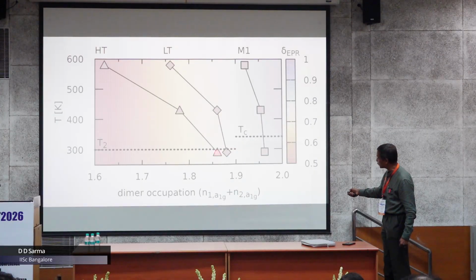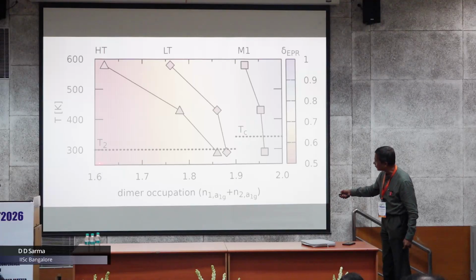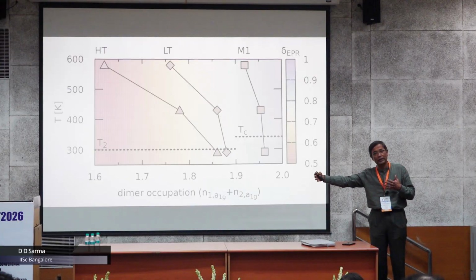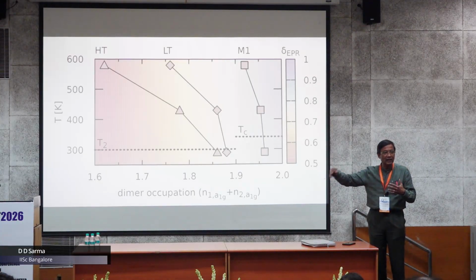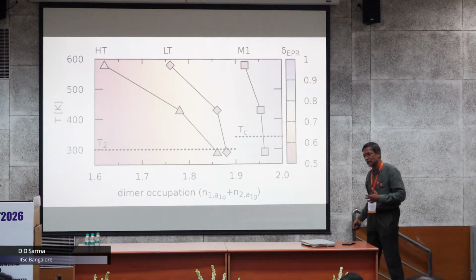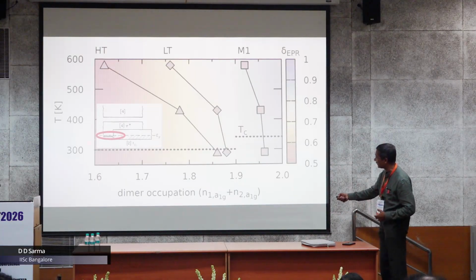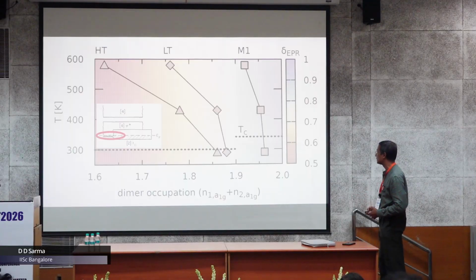But this one, as I heat up and go to the high temperature, a huge amount, from this number 1.6 to 2.4 electrons, is moving out of the dimer bonding state into the other states, and that's what gives rise to this drastic change in transport property that I have talked about. And so the entire physics is related to the leaking out of electrons into those states.